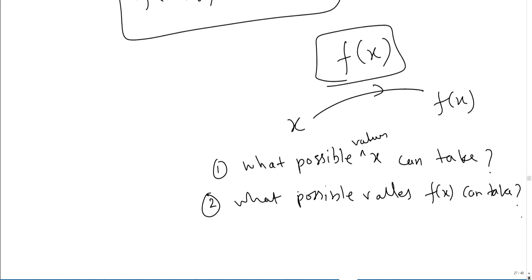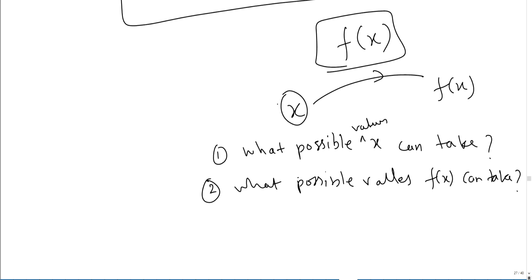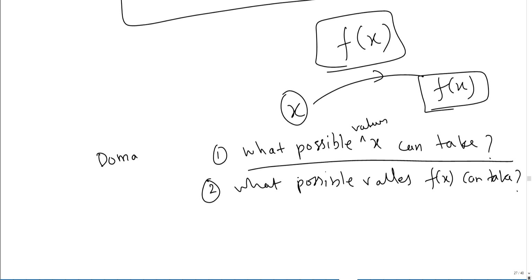So, what are the possible values that x can take and what are the possible values that f of x can take, basically the outcome. So, what is the possible range of values of input and what is the possible range of values of output, right. So, what possible values x can take, this thing is called the domain of the function, and what possible values f of x can take, this thing is called the codomain of the function.